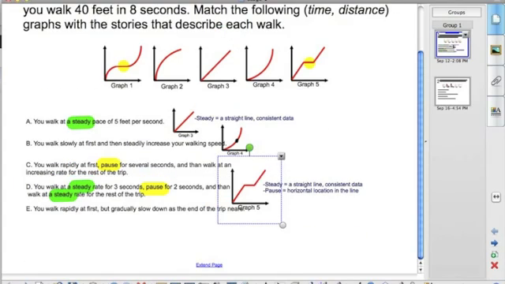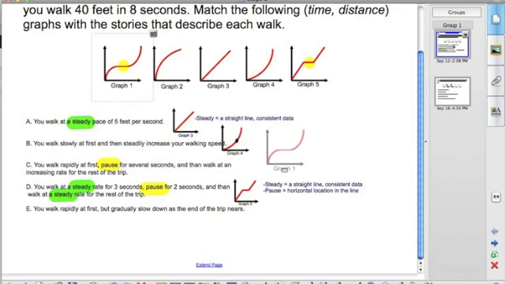And that actually leaves us with, just by process of elimination, graph 1 for letter C. And again, we talked a little bit about those curved instances within the graph that help us in deciding whether they're increasing or decreasing.